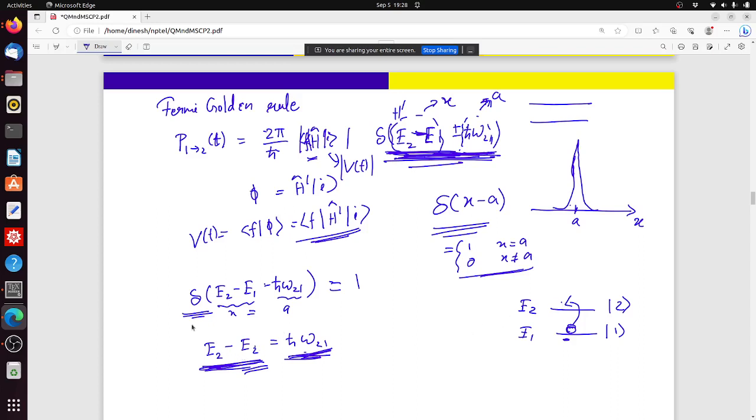Exactly the difference between the energies, E2 minus E1.